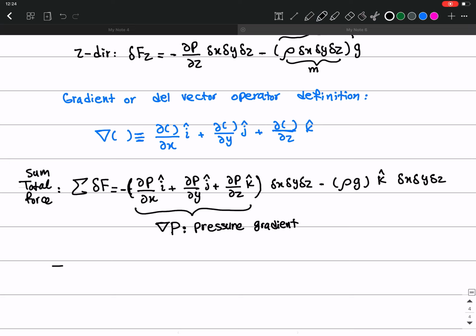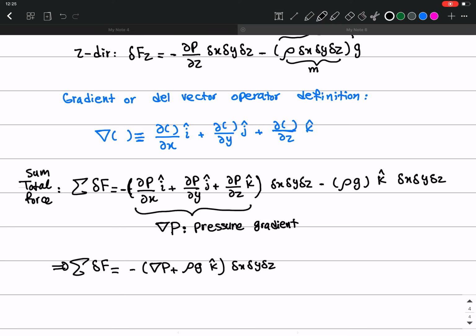So I can write the sum of all the forces is going to be minus pressure gradient plus rho g k, which is in the k direction, times delta x, delta y, delta z.